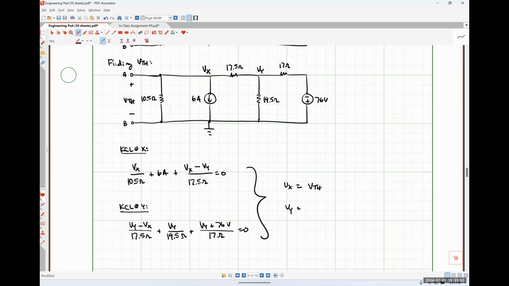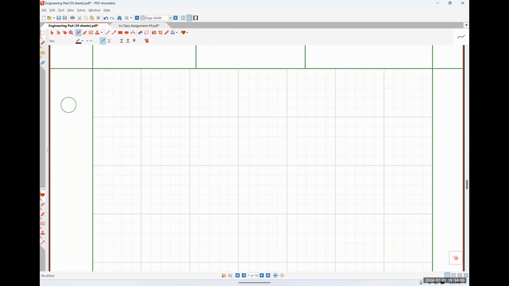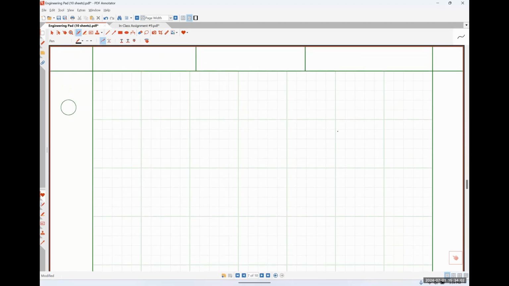Just for the sake of showing you how to redraw things, let's look at how I would redraw for C and D to find the Thevenin equivalent between C and D. And I'll leave it up to you to do all of the calculations. So between C and D, we have that resistance of 10.5 ohms here.